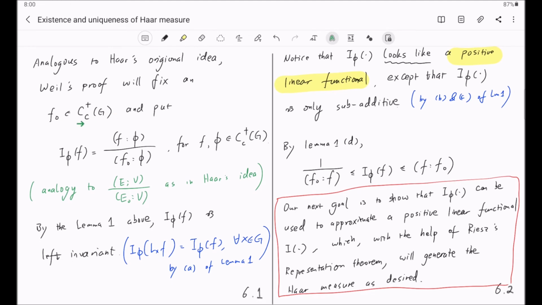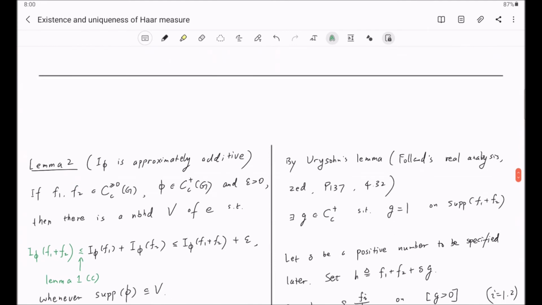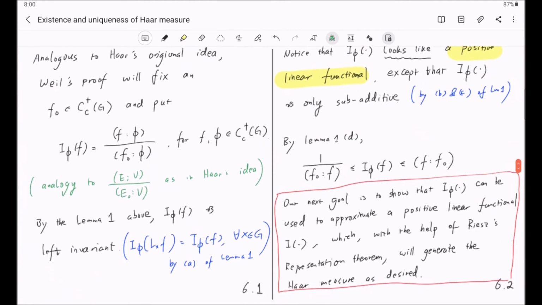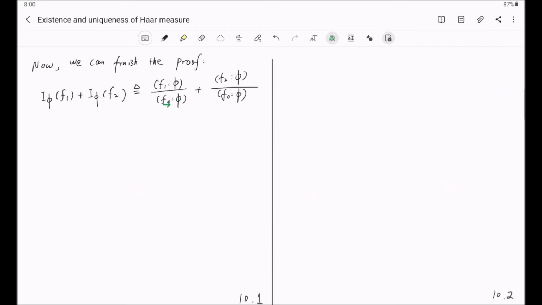Actually, it's fixed even before our statement of lemma 2. This is fixed at the very beginning. We just pick an f0 in C_c plus of G, and this is how we defined this I sub phi. So I sub phi actually depends on f0. Anyway, you just treat this as something that is fixed. Don't worry about it.